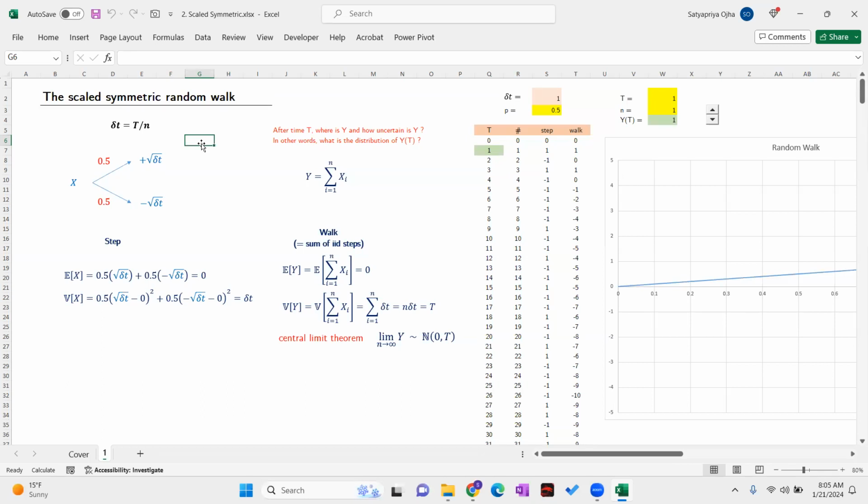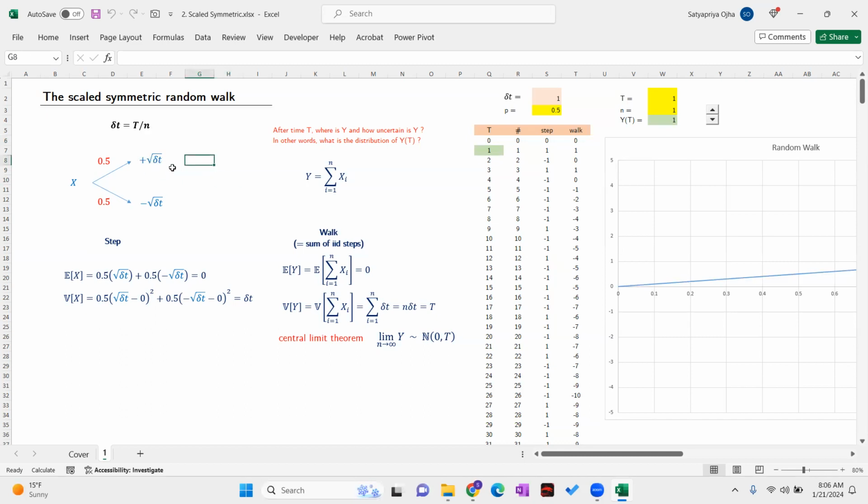I can think of a weekly evaluation. I can think of a monthly evaluation. Ultimately, I have to cover that 1 year period, but the number of steps that I take to cover that period is up to me. So basically delta t is the time taken for one step. This choice is elegant.